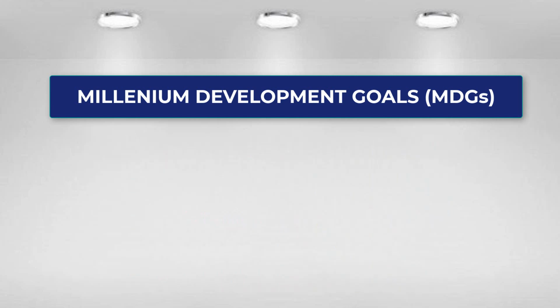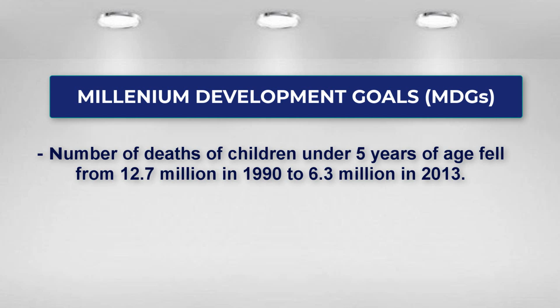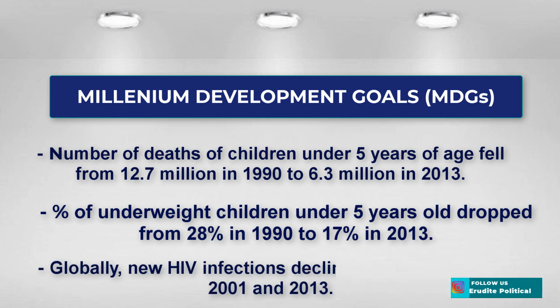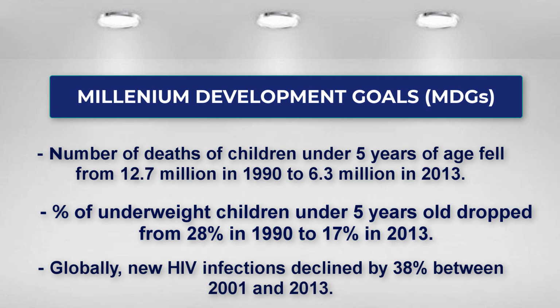Globally, the number of deaths of children under the age of 5 decreased from 2.7 million in 1990 to 6.3 million in 2013. The percentage of underweight children under 5 years of age in developing countries dropped from 28% in 1990 to 17% in 2013. New HIV infections declined by 38% between 2001 and 2013.